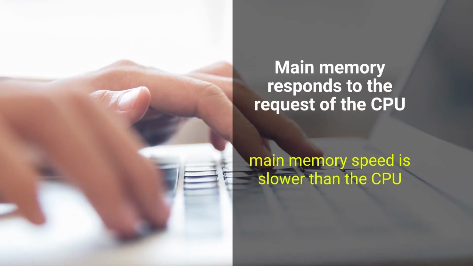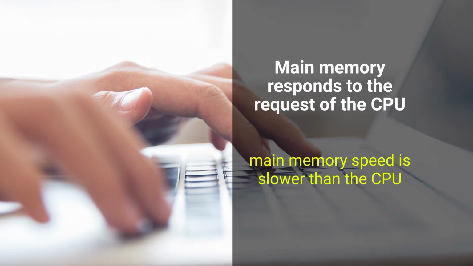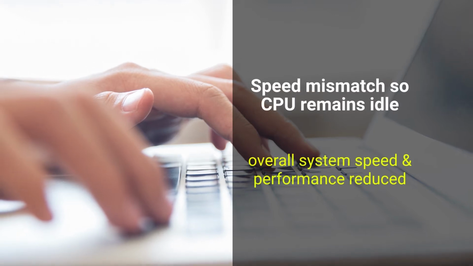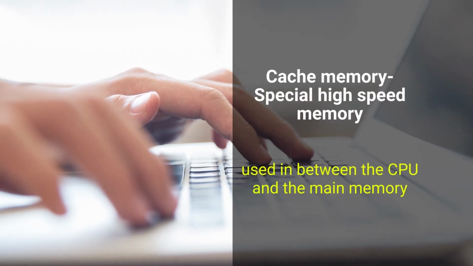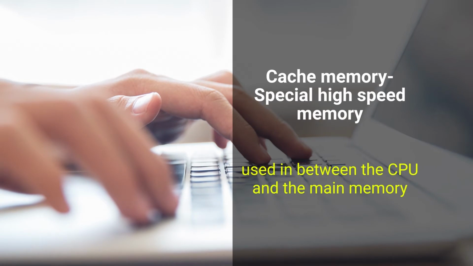But whenever the main memory responds to the request of the CPU, there is a speed mismatch, because the CPU executes faster than the main memory, and because of this, the overall system speed is reduced and performance degrades. To deal with this speed mismatch, we make use of cache memory. These are special high-speed memories and they are generally present between the CPU and the main memory.